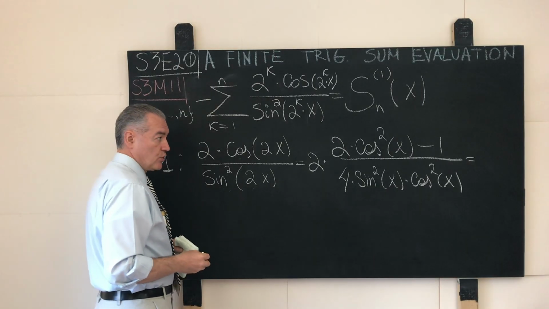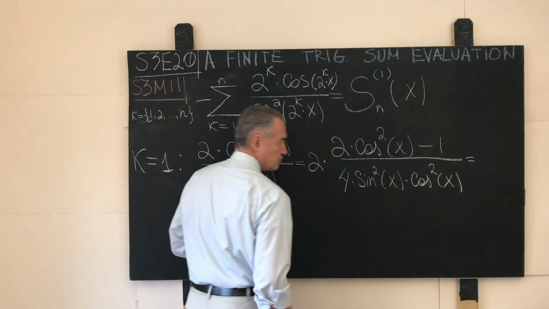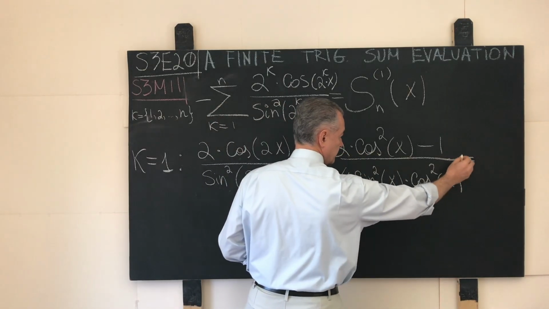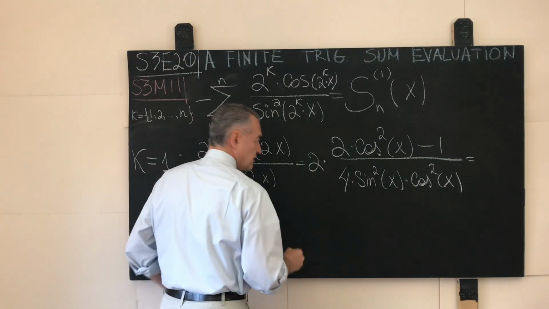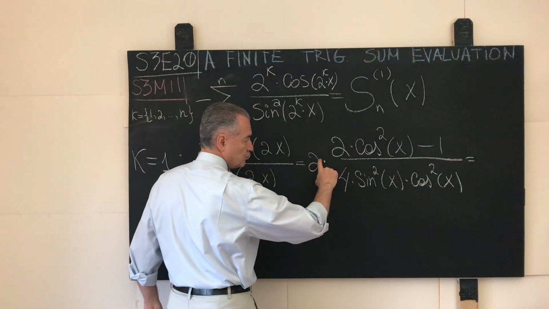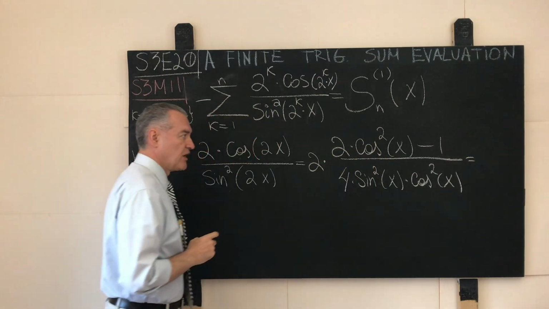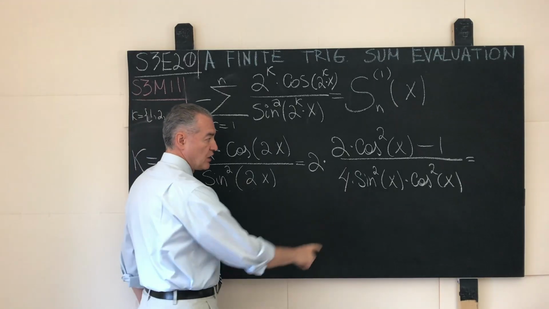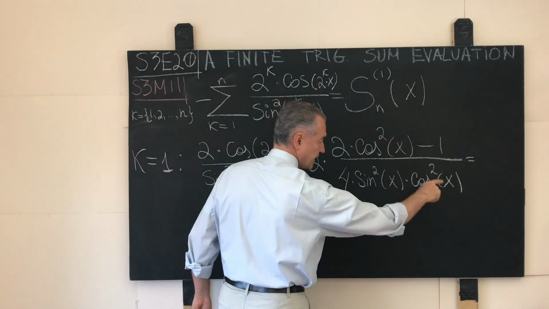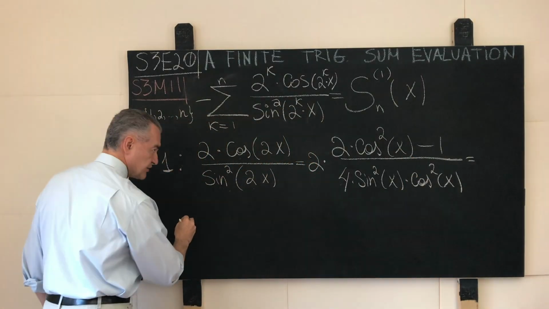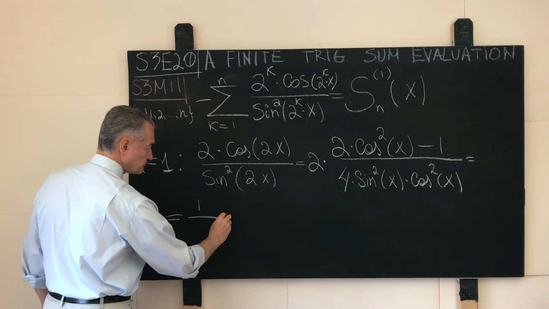And now what we do is we divide using this divisor to divide what we have in the numerator of that fraction. Now, when we divide the 2 times cosine squared of x term in the numerator, what do we have? 4 and 4 cancel out, cosine squared and cosine squared cancel each other out. So what do we have in the result? In the result, we will have 1.